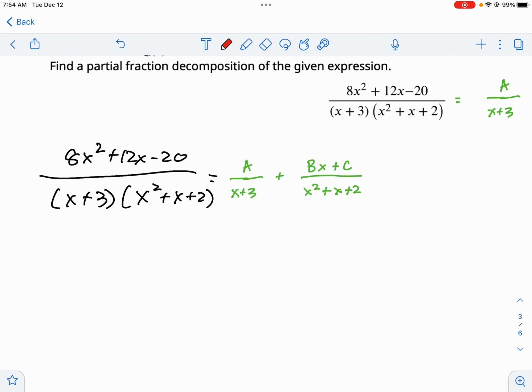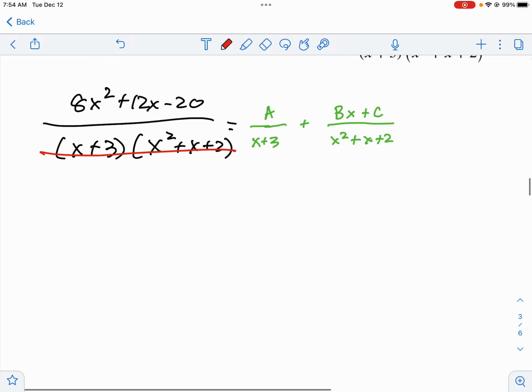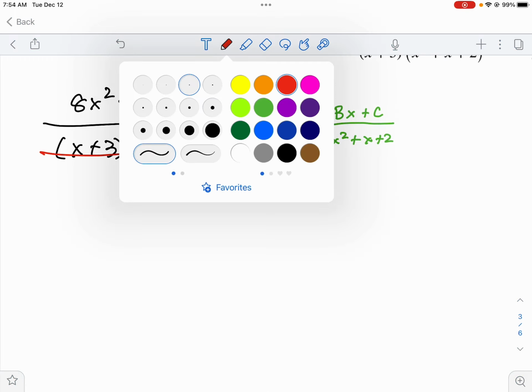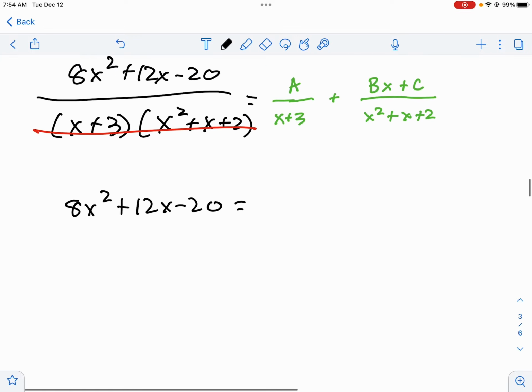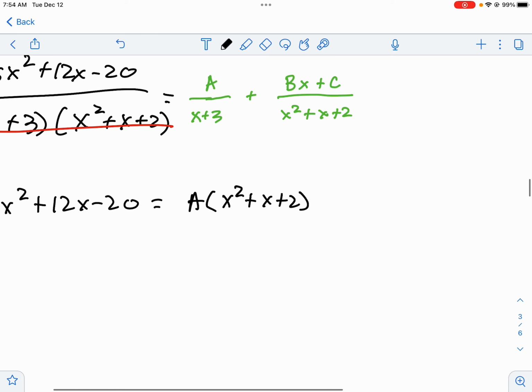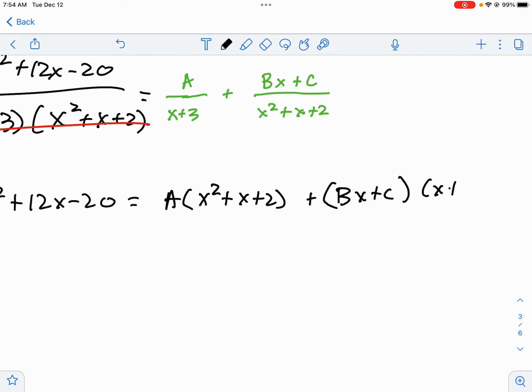So if I multiply the bottom to both of them, I get A, x squared plus x plus 2, and then I get bx plus c with the x plus 3.